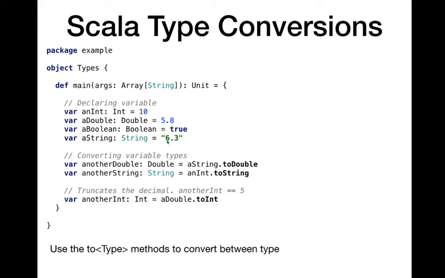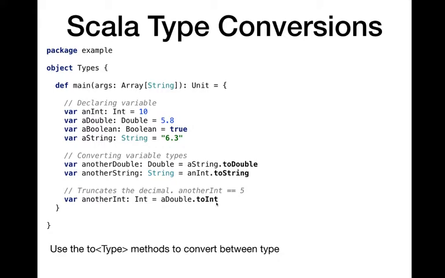For example, if this was the literal string spelled out 6.3, as in six point three spelled out, of course it's not going to convert that because it's not a well-formed double. But as long as it's able to convert it, toDouble is going to convert that string to a double. There's also toInt we could convert.